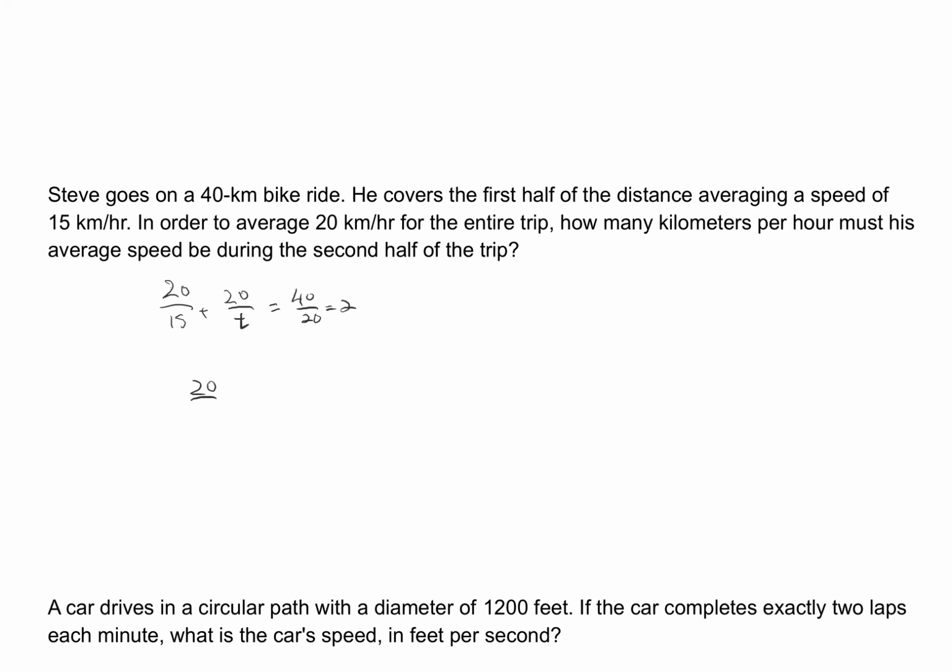So 20 over 15 plus 20 over t equals 2. If we subtract 20 over 15 from both sides, 2 minus 20 over 15 equals 30 over 15 minus 20 over 15 equals 10 over 15, and 20 over t equals 10 over 15. So t equals 30. Does that answer your question, Toby?